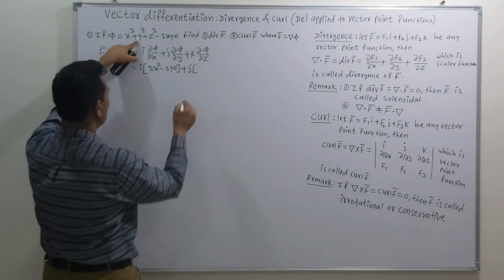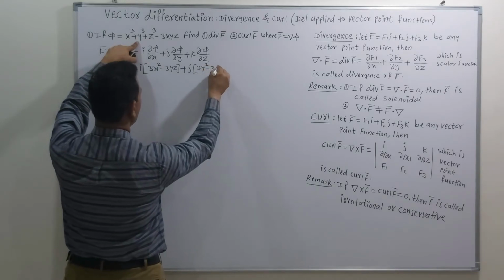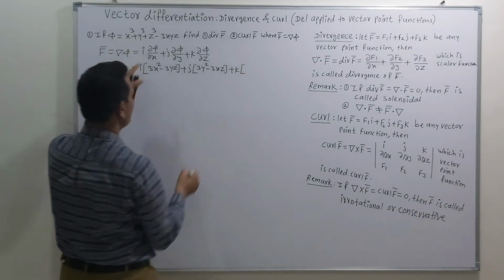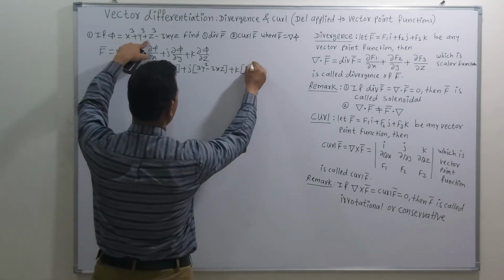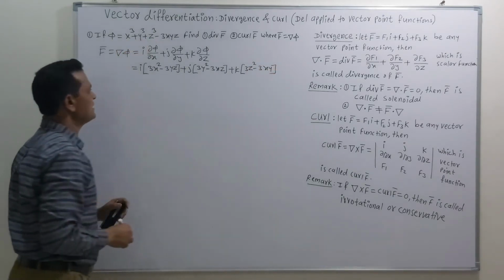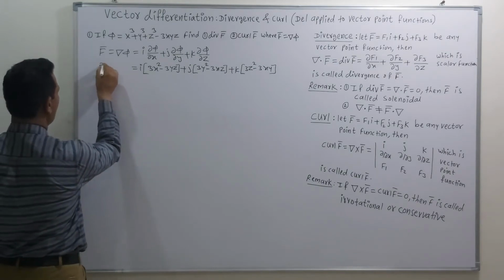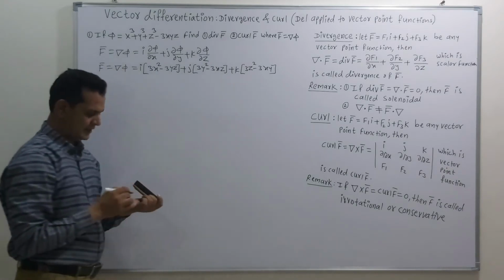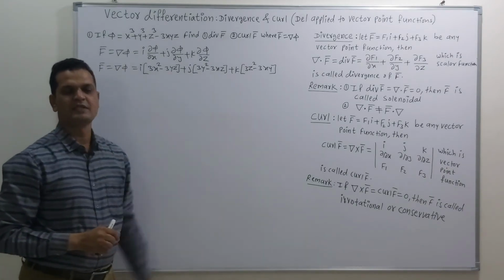Take the derivative with respect to y, we get 3y square minus 3xz, plus k. Then again take the partial derivative with respect to z, we get 3z square minus 3xy. So in this way we get the value of f bar, which is defined as the gradient of phi, and this is the value of vector f bar. This is a vector point function because the i, j, k terms are present.